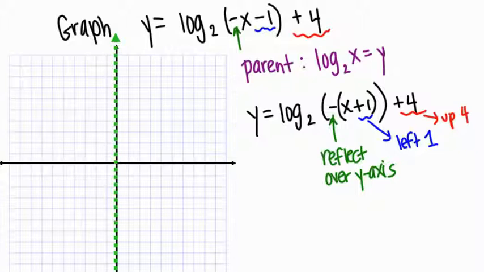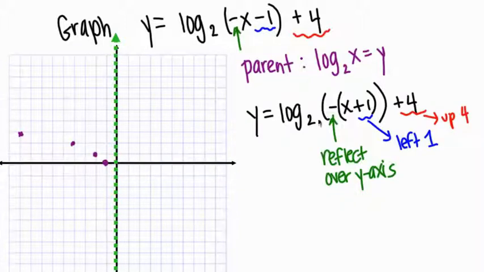Therefore, instead of having a graph that's going to come up and go to the right, I'm going to have a graph that's going to come up and go to the left. Then all these points will be reflected over the y-axis, like that.